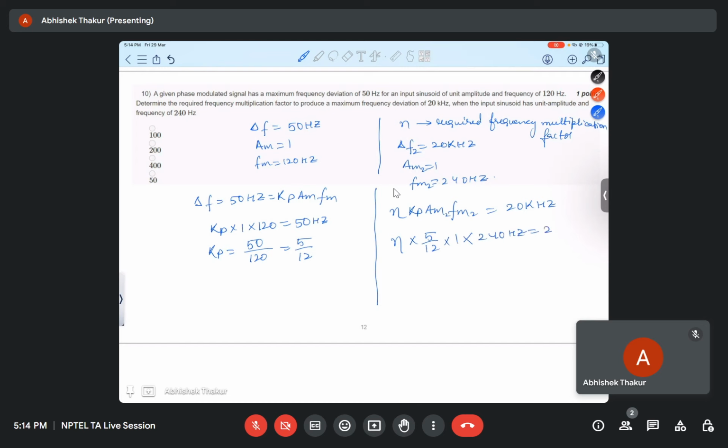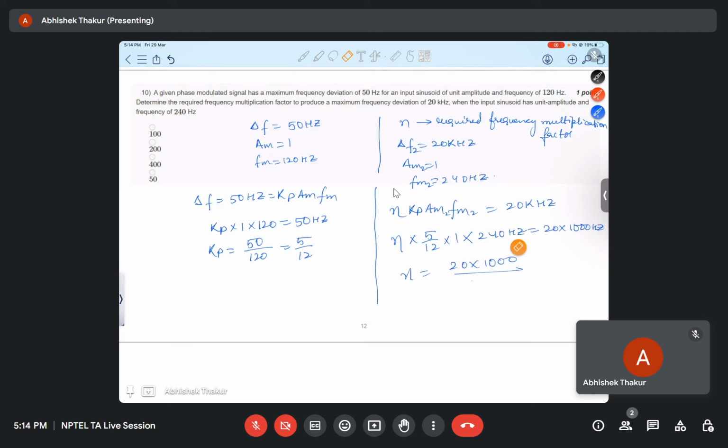So that is equal to 20 into 1000 hertz. So the value of N is equal to 20 into 1000 divided by 240 into 12 into 5. This 0 and 0 will get cancelled, this will become 12, and 12 and 12 will get cancelled. After cancelling it will become 200. So the correct answer for this question is option B, that is 200.